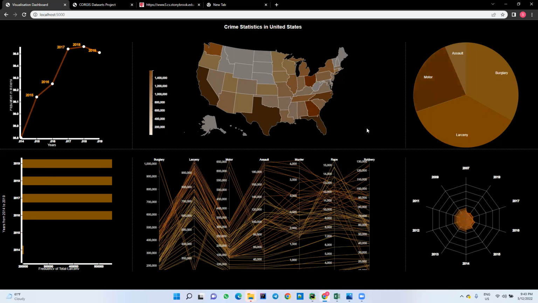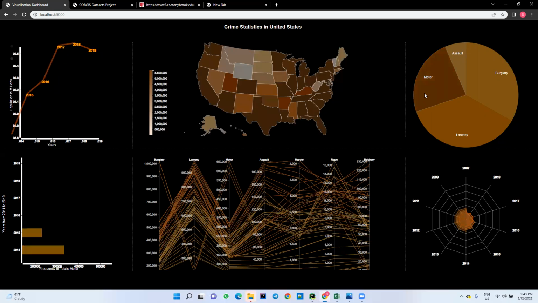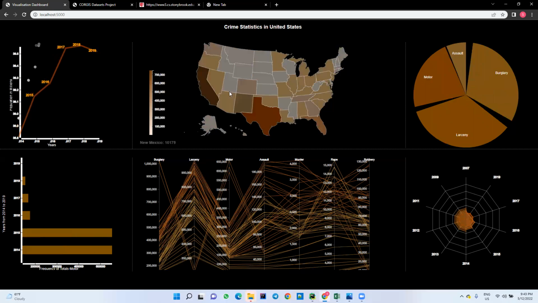Similarly, if I am selecting the crime motor, in the year 2015 in California, it is 656K. The same crime motor in the year 2018, it is 155K, which means this crime motor has decreased significantly over the years.